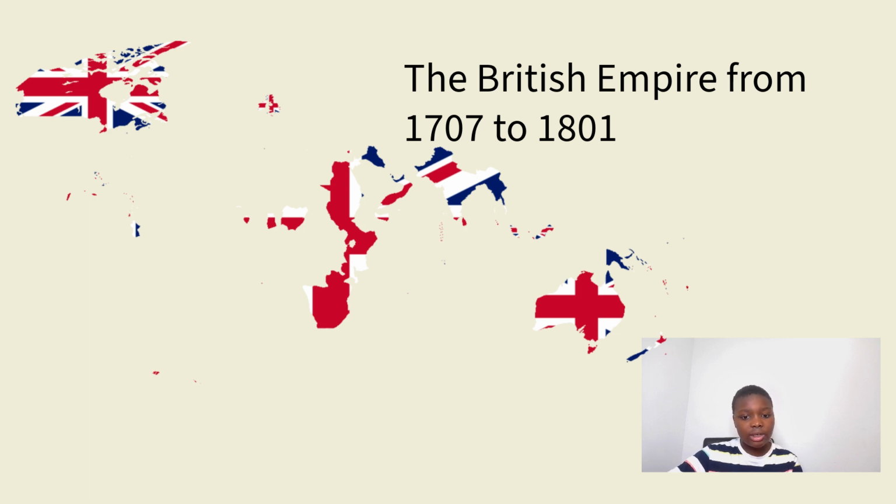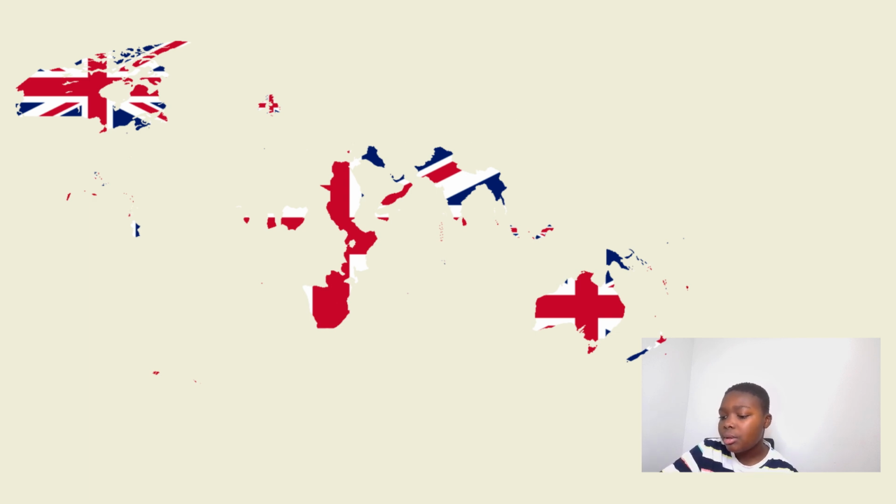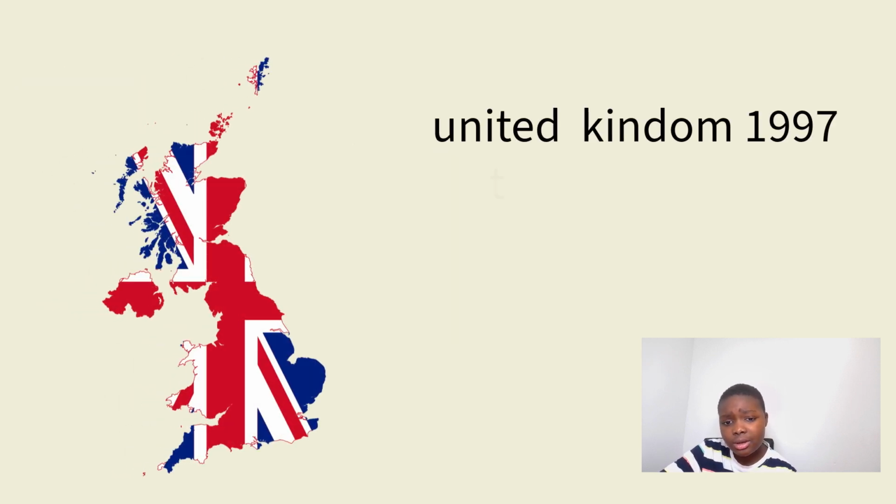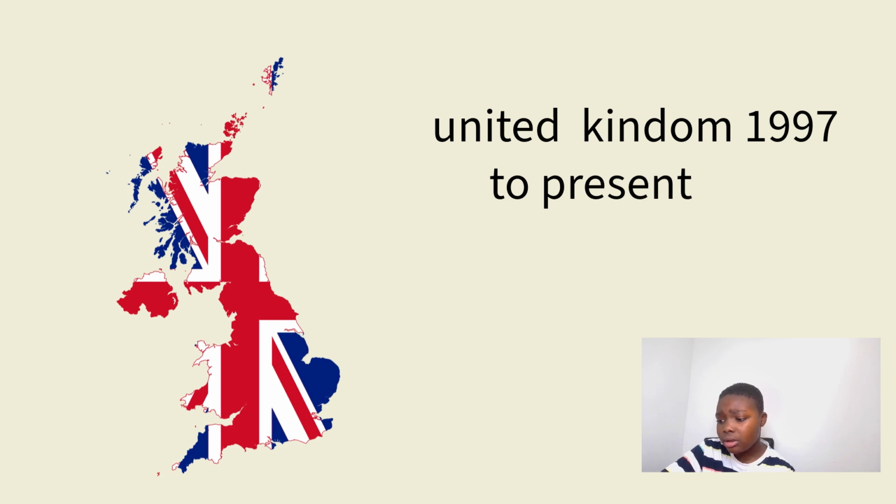This is the old land of the British Empire. The British Empire was from 1707 to 1801. And the United Kingdom's flag was from 1801 to current, but the land was from 1997 to current.